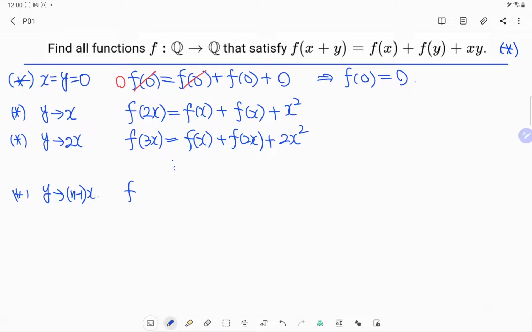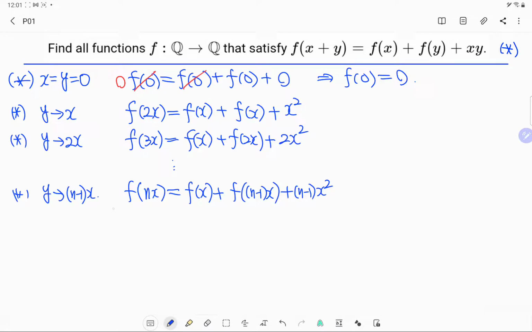So on the left side, we have f of nx, because we have x plus n minus 1 times x, which is nx. On the right side, we have f of x plus f of n minus 1 x plus x times n minus 1 x, which is n minus 1 x squared.